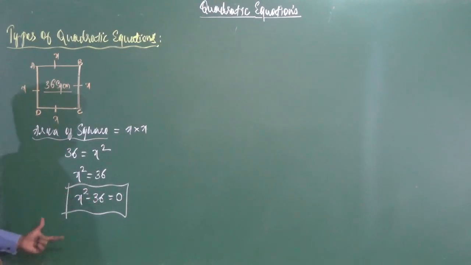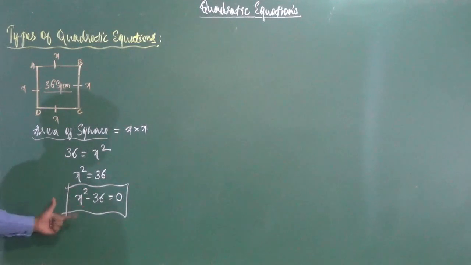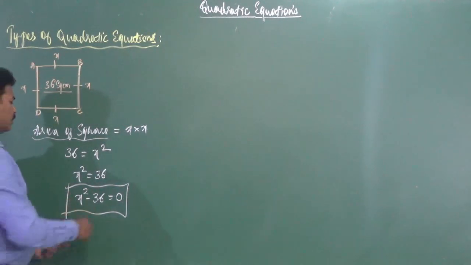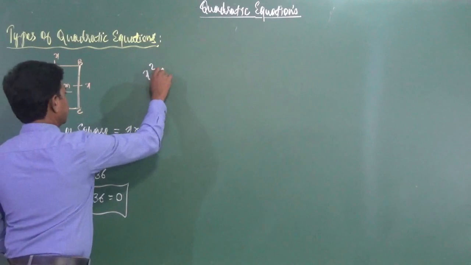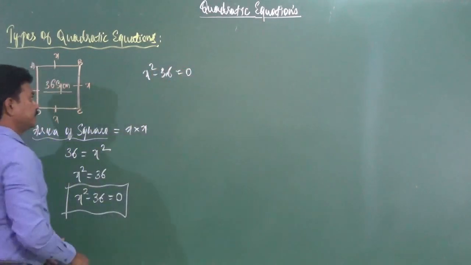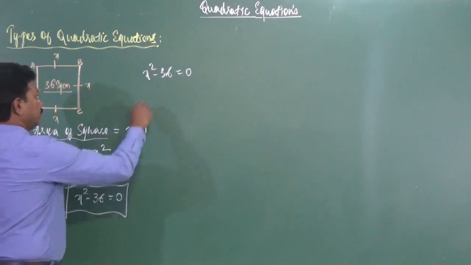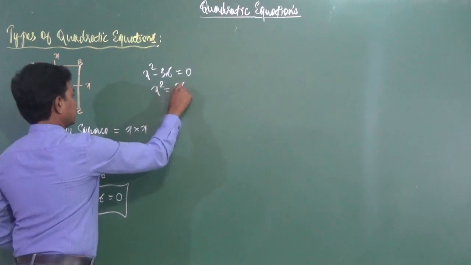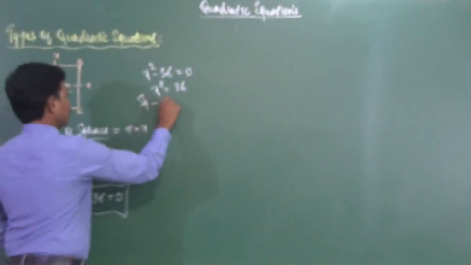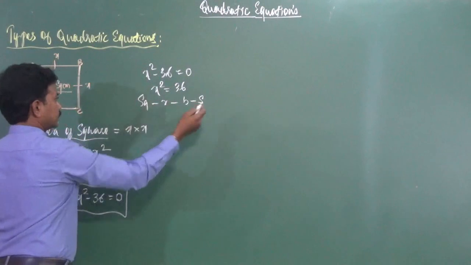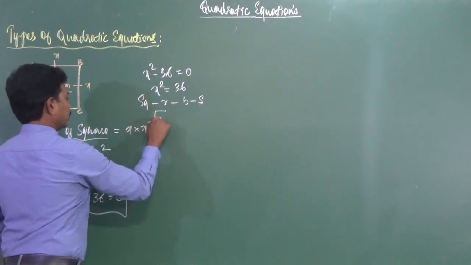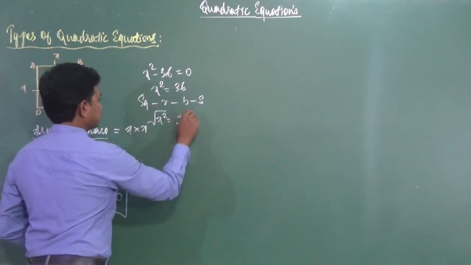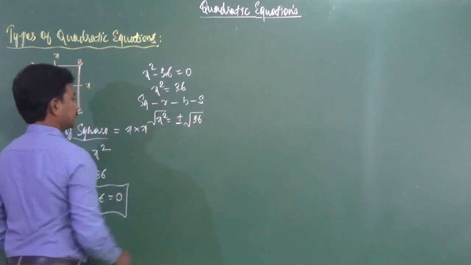Let us solve this. x square minus 36 is equal to 0, so x square is equal to 36. We take the square root on both sides. The square root of x square is equal to plus or minus the square root of 36, right?